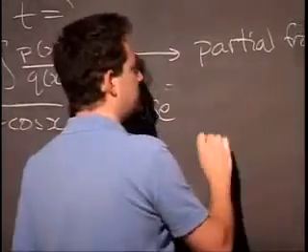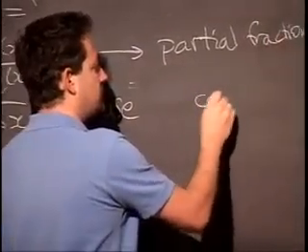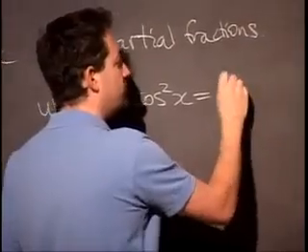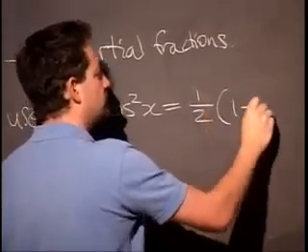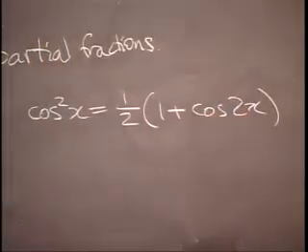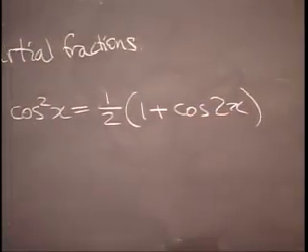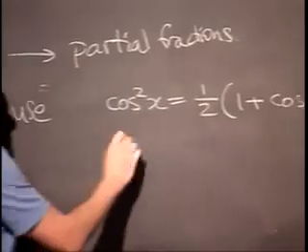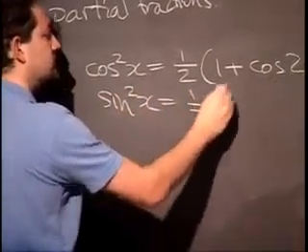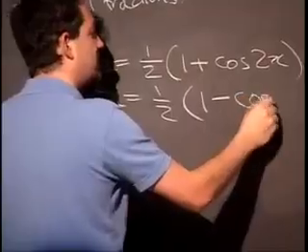This time, you've got to be a little bit careful. I just leave it in the form that I had before. Cosine squared x is 1/2 (1 plus cosine 2x) and sine x as before.